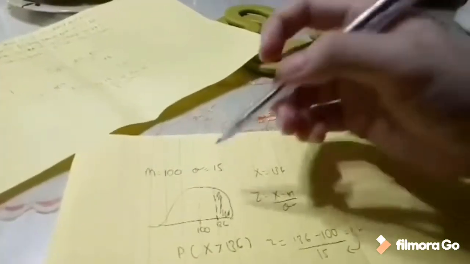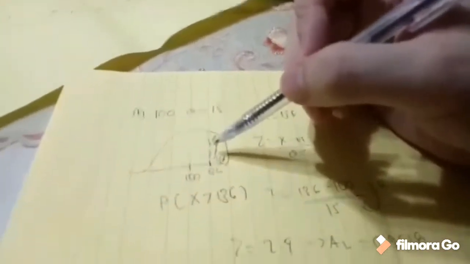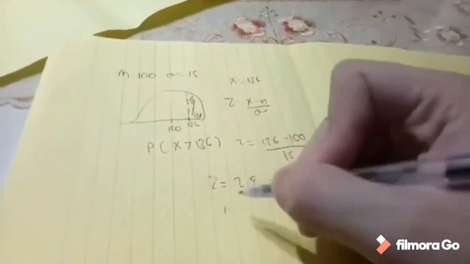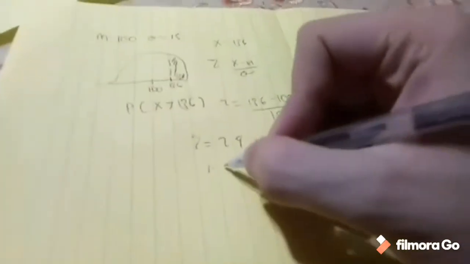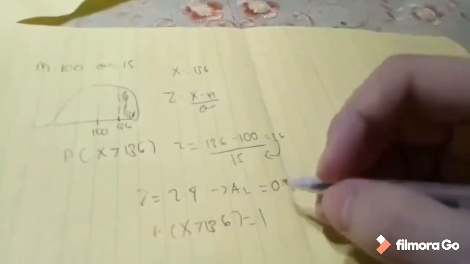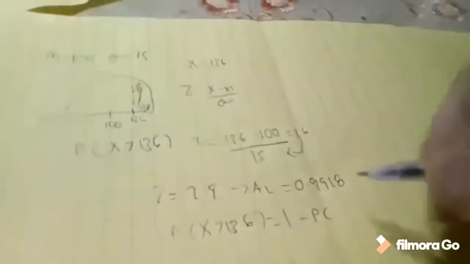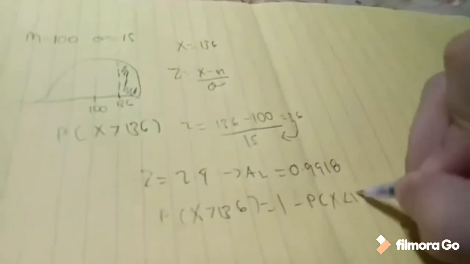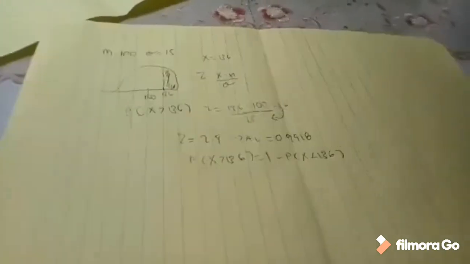So we're going to find the area highlighted at 136. So it's going to be P of X greater than 136, which is 1 minus P of X less than 136.